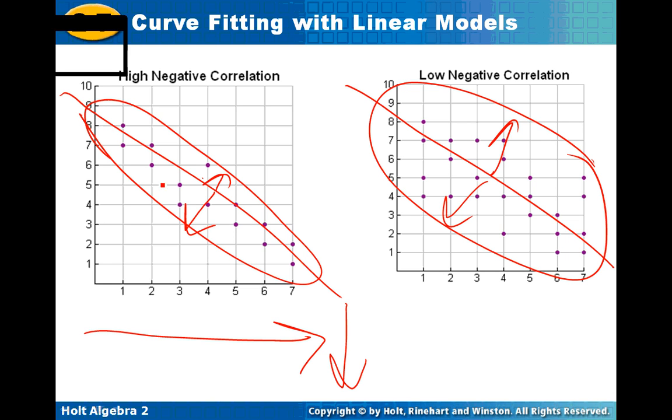So these are pretty much all together closely doing the same thing. Over here on the right, they're kind of doing the same thing, but they're taking their sweet time doing it. A high correlation means your data is tightly packed and very much doing the same thing. A low correlation means your data is more spread apart and mostly doing the same thing.